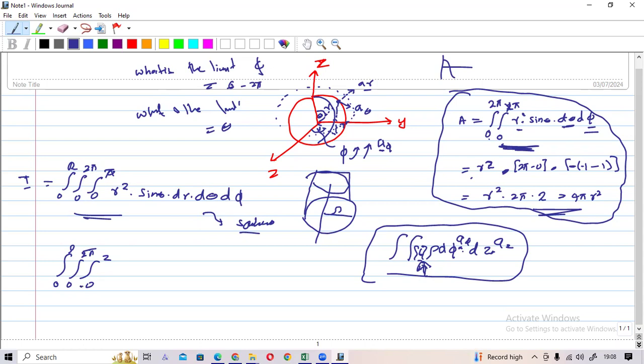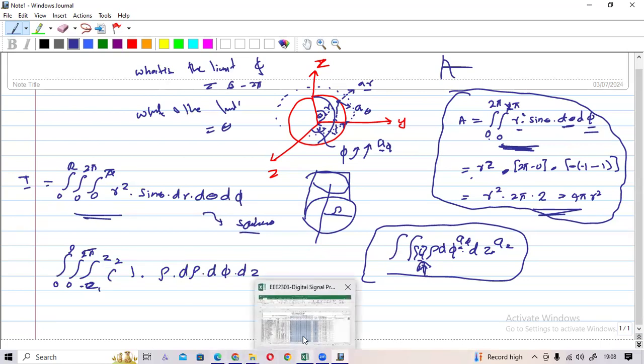The limit for z may be not 0 to z, but minus z1 to z2 or something. So the function is there, you will have rho d rho d phi dz.